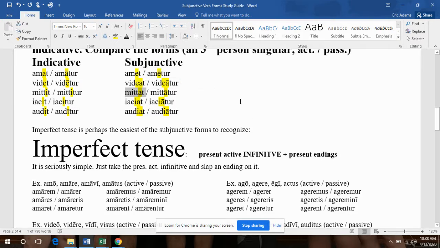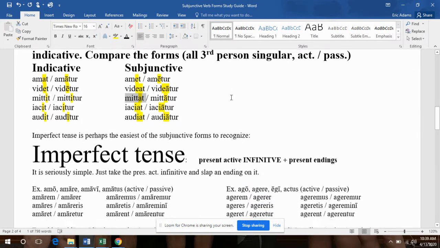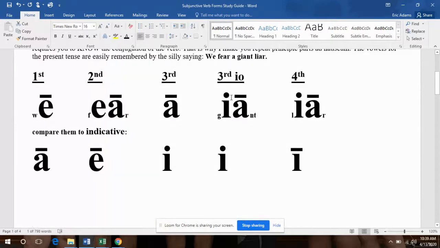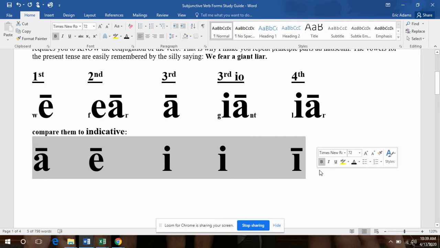So you really have to know what the conjugation of the verb is, and that's why, like I said, we repeat it so often. It might be subjunctive here or indicative here, dependent upon what conjugation each of those vowels appears in.